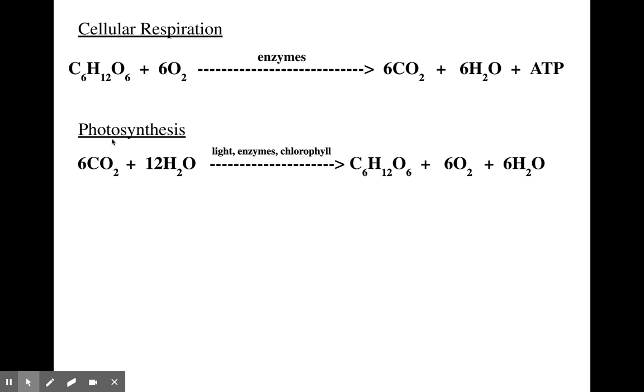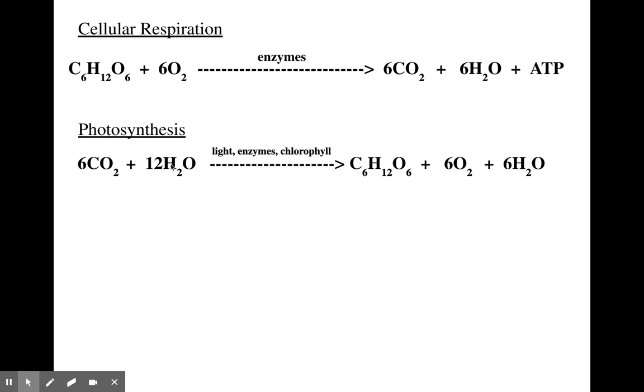Photosynthesis is the opposite. We take 6 carbon dioxides. We actually take 12 waters. You go, why? Oh, well, they have extra water in the end. It takes a little more water to do this process. So the light, and you have enzymes, and you have chlorophyll. That's all necessary to do this. That is able to then make glucose, C6H12O6, plus 6 oxygen molecules, and notice 6 water molecules.